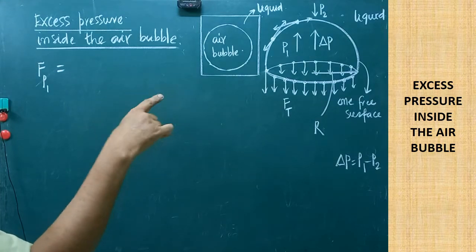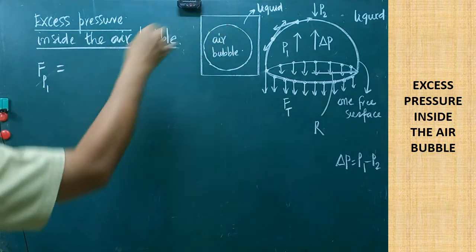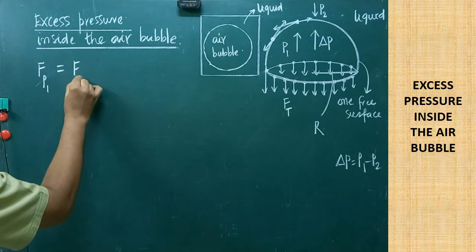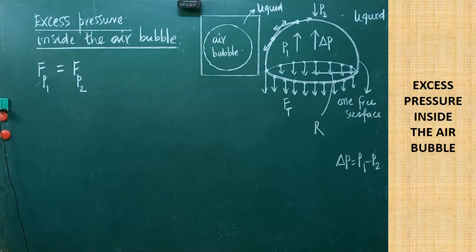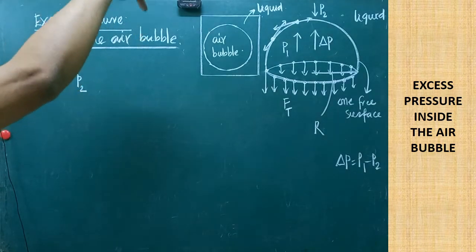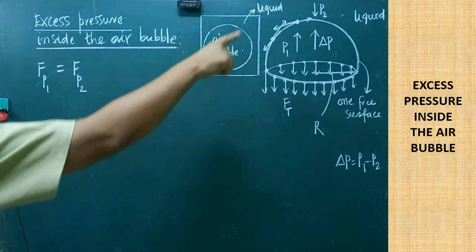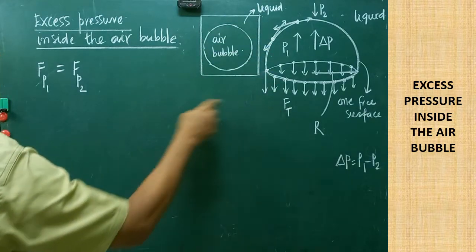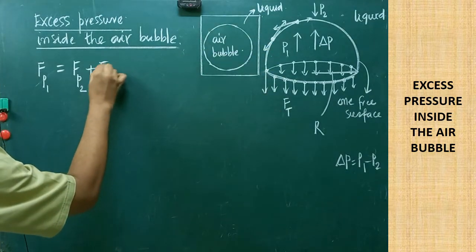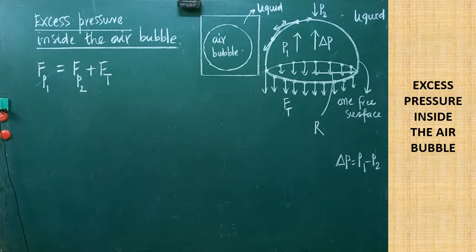What are the other forces? Another force is due to P2, and it can be written as Fp2. That is acting in the downward direction, on the surface. In the same direction as P2, the force due to surface tension is acting. Therefore, Ft can be written. So, totally three forces are acting.